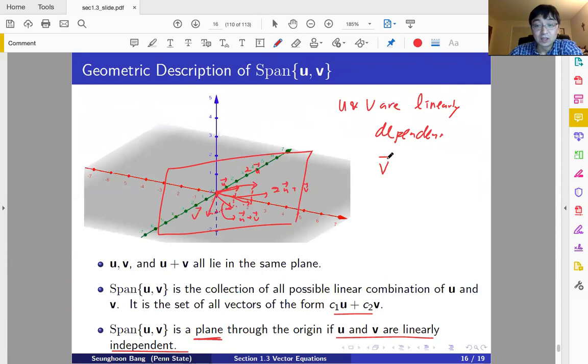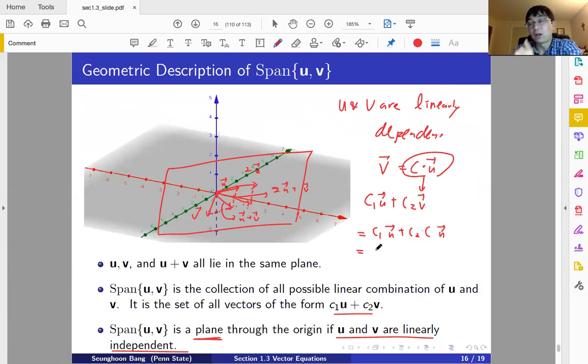The vector v is sometimes c times vector u. So you can express c1 vector u plus c2 vector v by replacing v here. So we have c1 vector u plus c2 times c times vector u. You can factor out vector u: c1 plus c2 times c, times vector u.